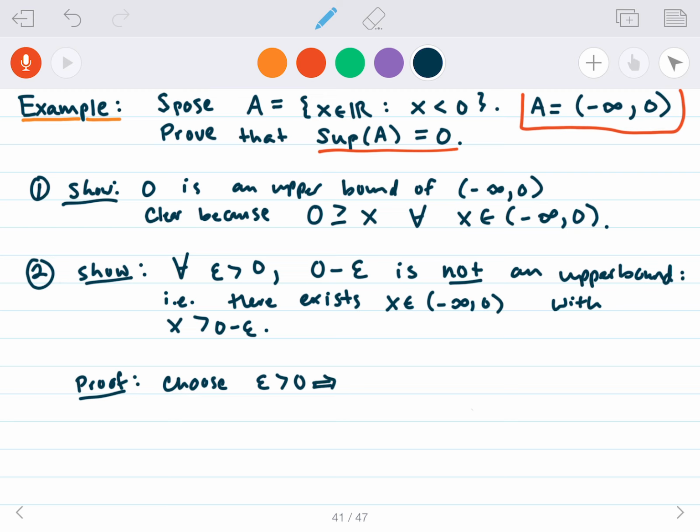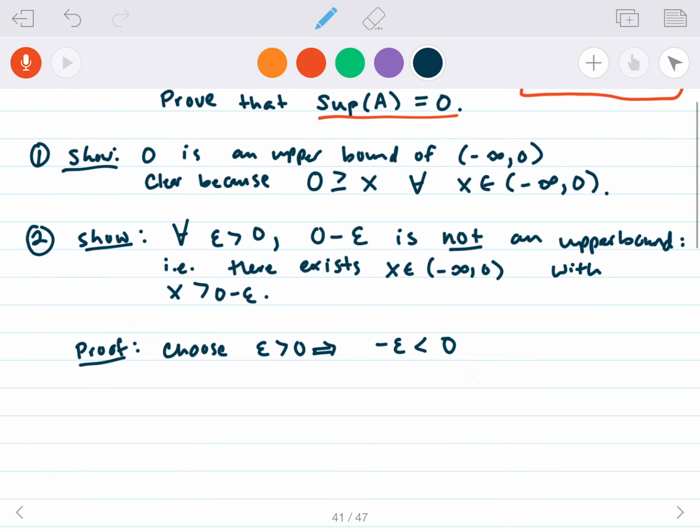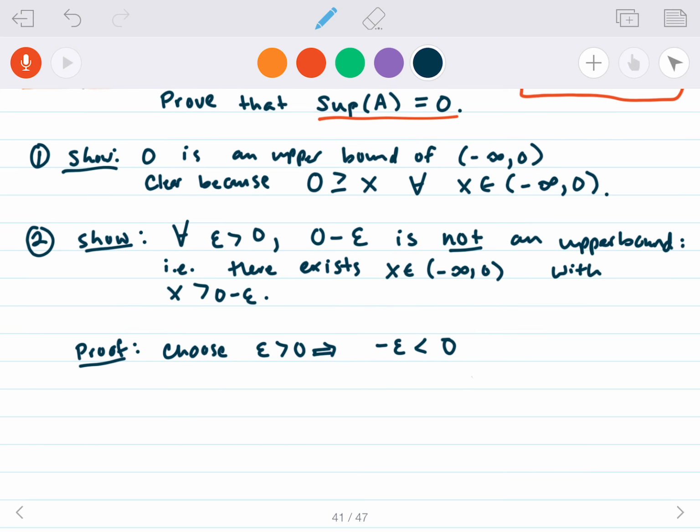If we multiply both sides by -1, it flips the inequality sign, so we get negative epsilon is less than 0. And so we just need to show that there exists some x in here with this property, right? Such that x is bigger than negative epsilon.